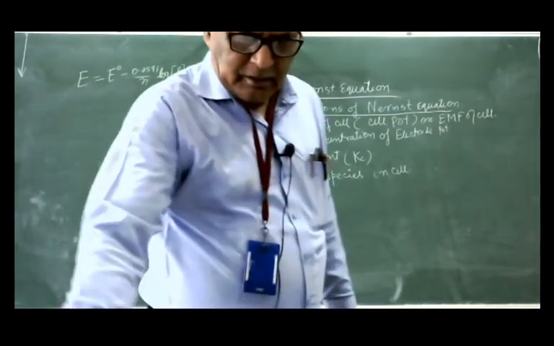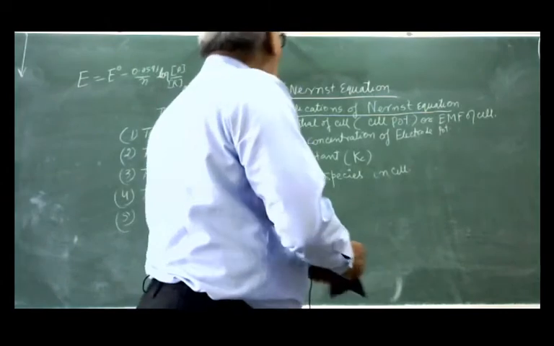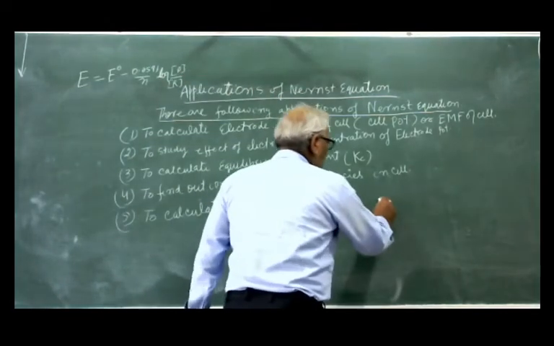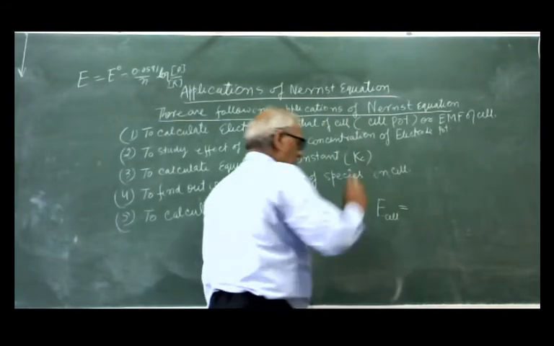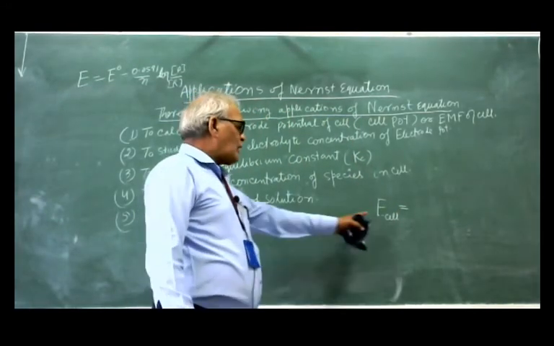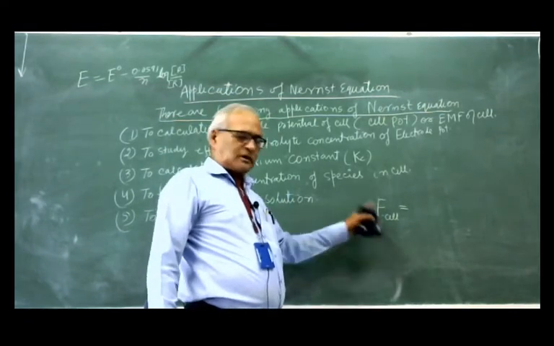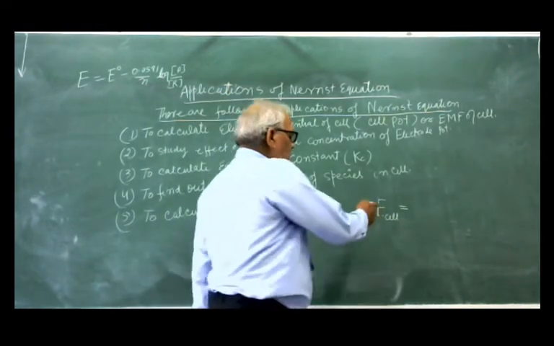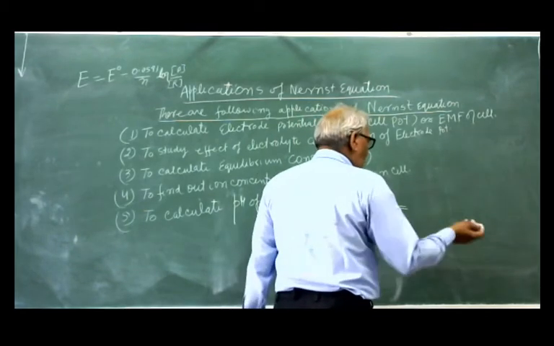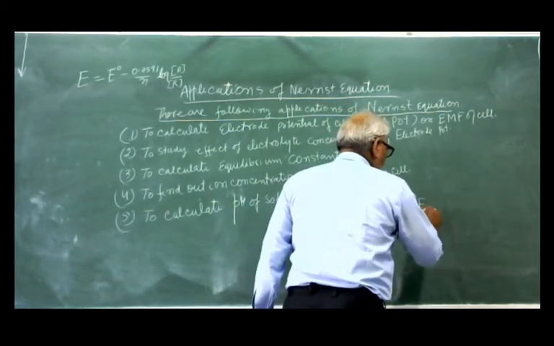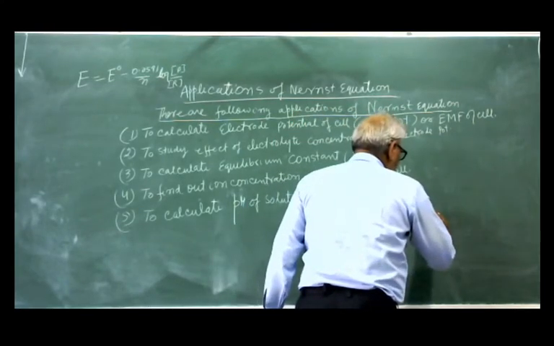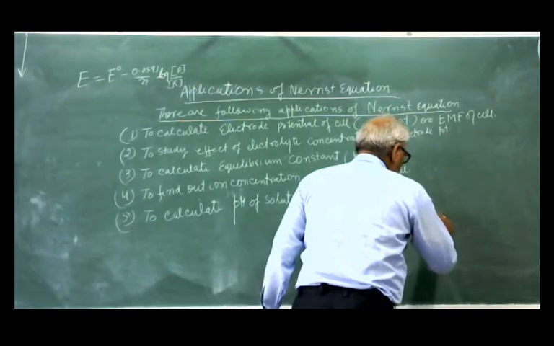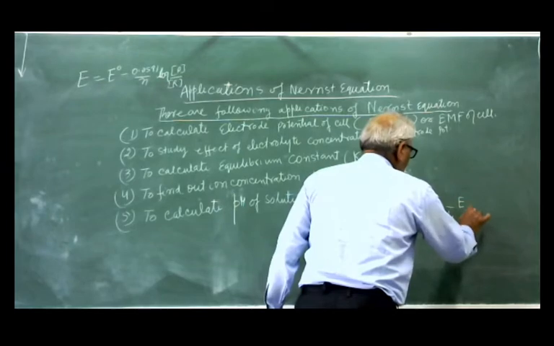Just see, EMF of the cell, or you can say it is the cell potential. So cell potential, it is equal to how much? It is the electrode potential of the cathode minus the electrode potential of the anode.